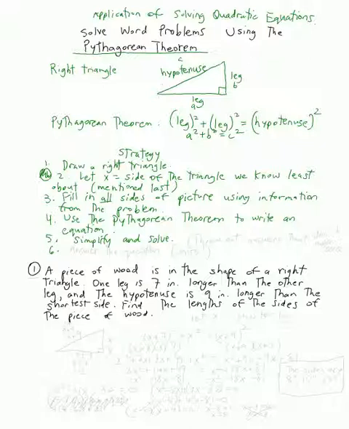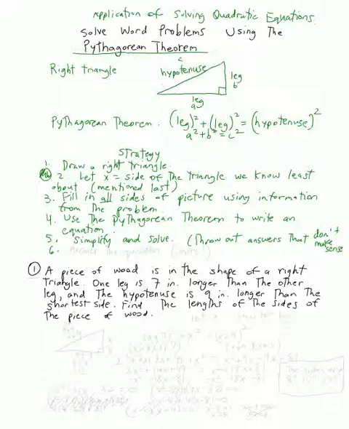Step six. Now, by the way, when you solve a quadratic equation, you get two answers, so throw out answers that don't make sense. What do I mean by don't make sense?